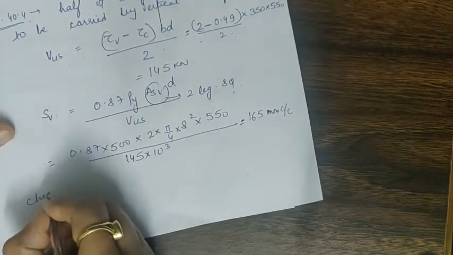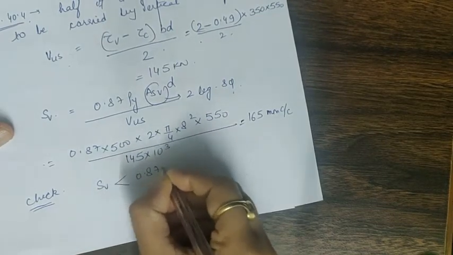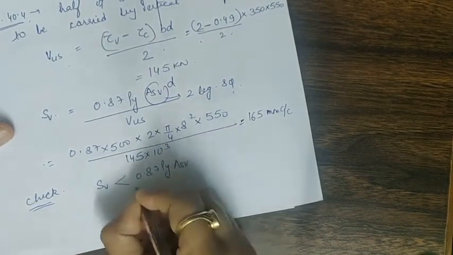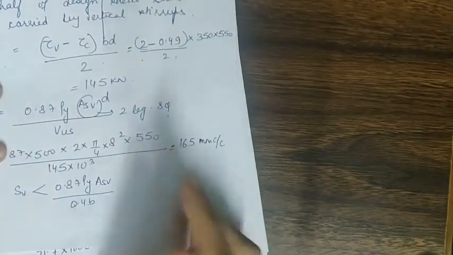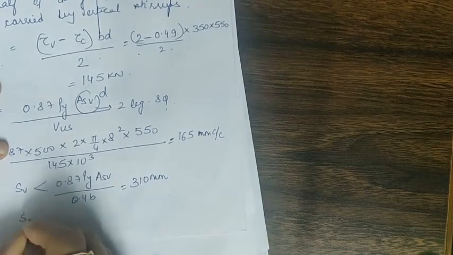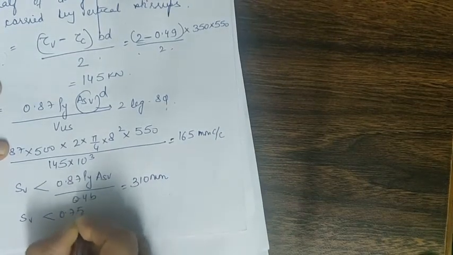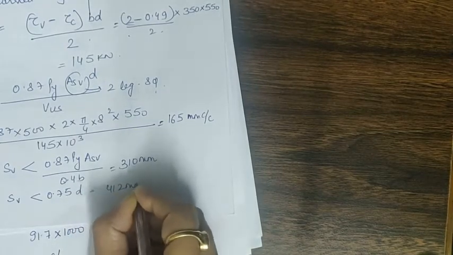And the checks will be: SV has to be less than 0.87 Fy ASV upon 0.4 B. Put the values, SV will come out to be 310 millimeters. The second check was that it has to be less than 0.75 D. So it is coming out to be 412 millimeters.